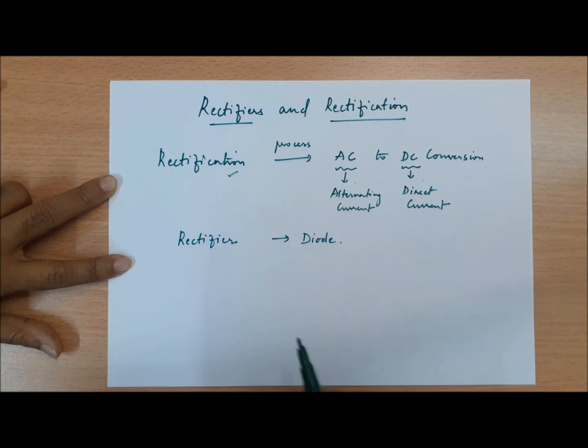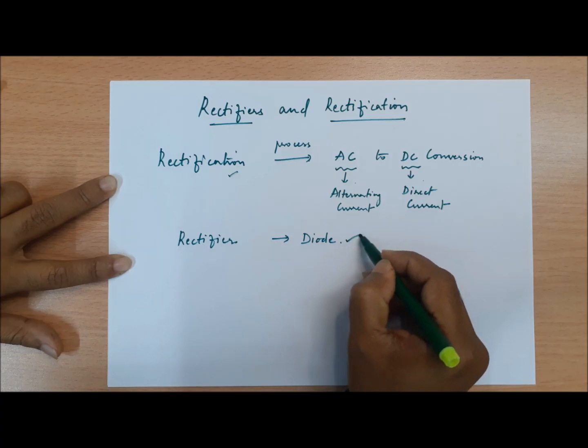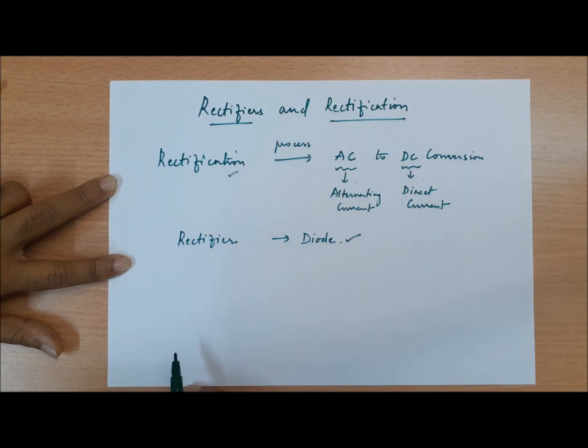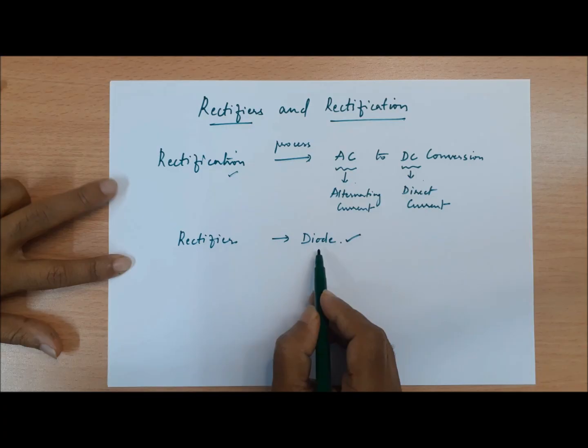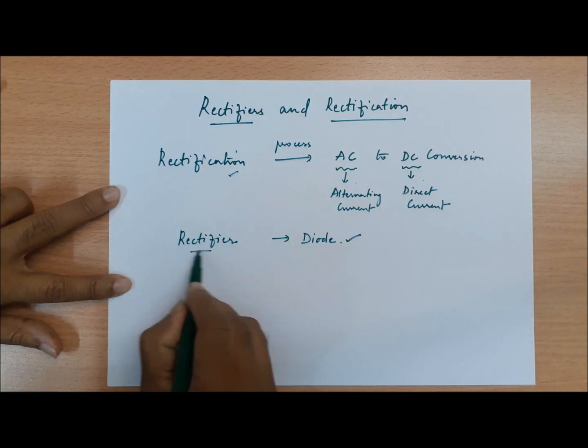So which is the usual device that helps in the rectification process? The answer is it's a two-terminal diode. So a diode always acts as a rectifier circuit.